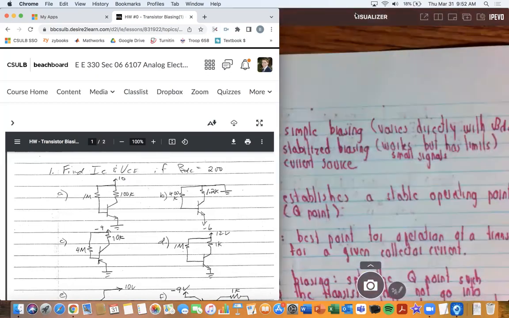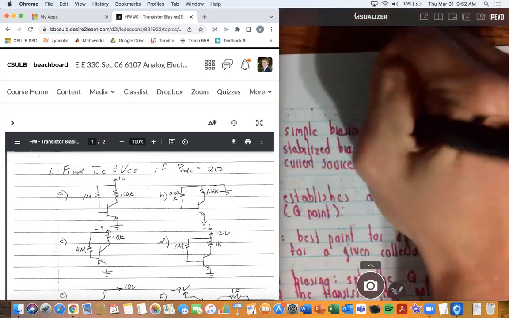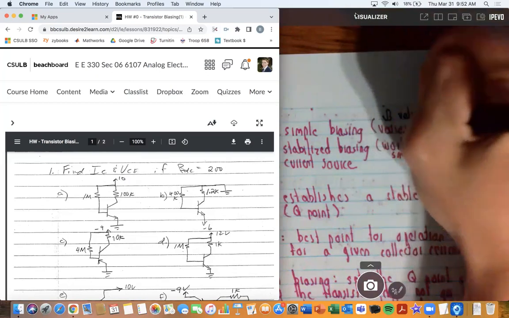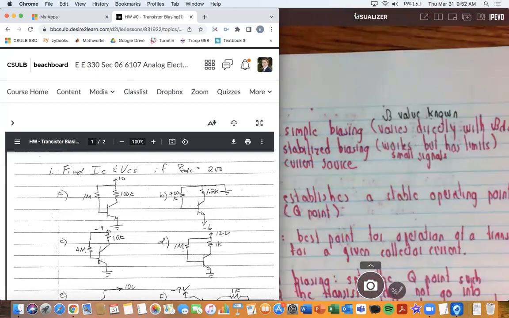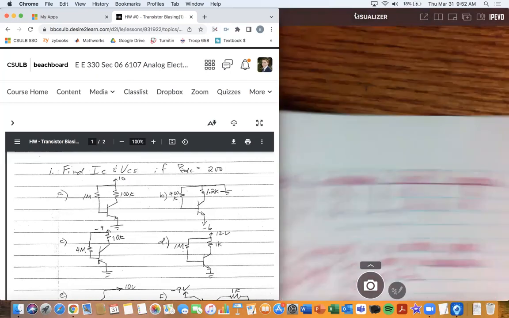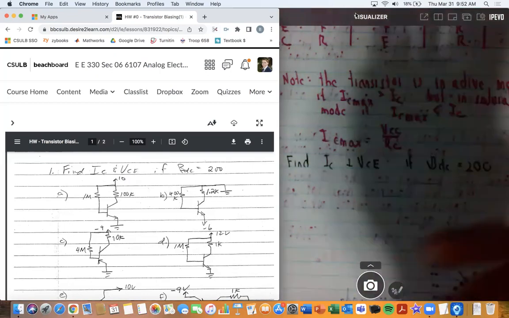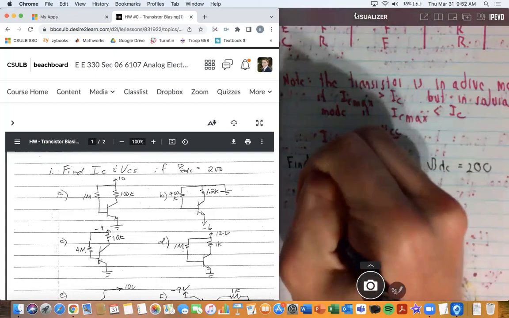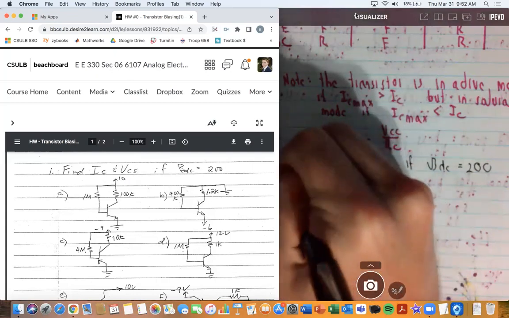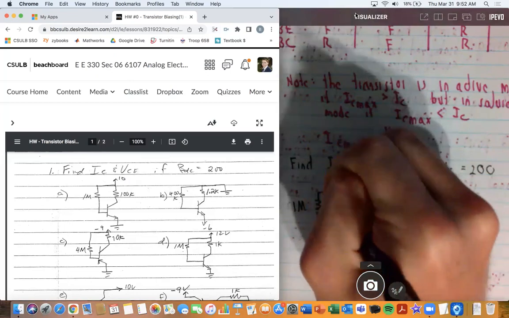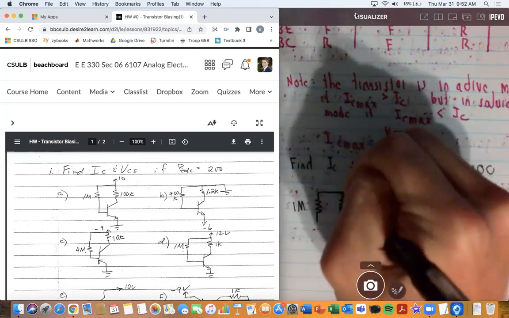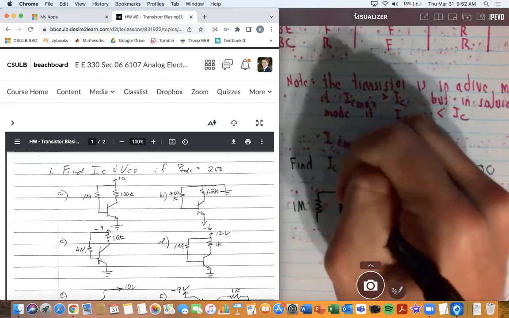And immediately when you see a beta value, you know it's simple biasing because the beta value is known. If the beta value is not known, then you're going to have to use a different technique. And so we can use simple biasing here. And so to find our Q point, when I draw this transistor, we have 1 mega ohm here, and 100K here, and we have 10 volts at the top.